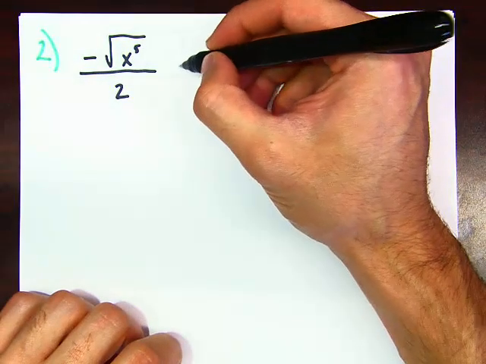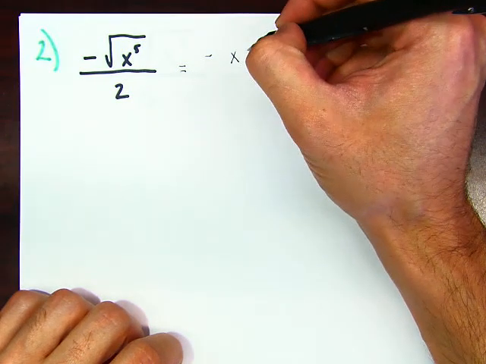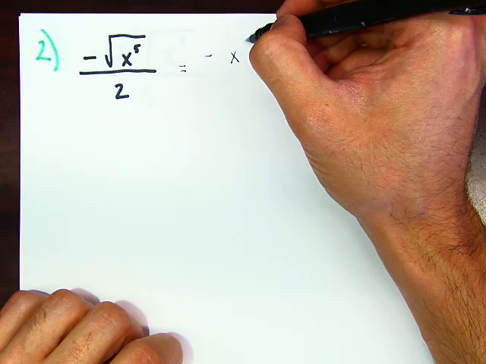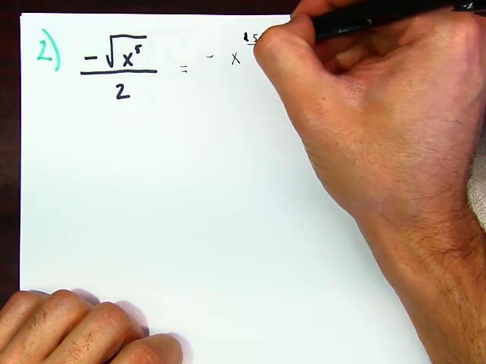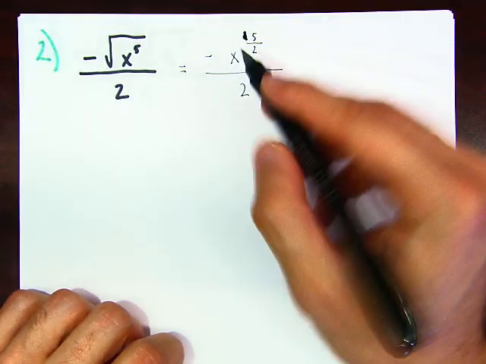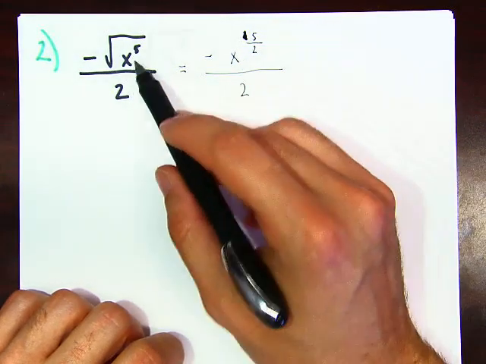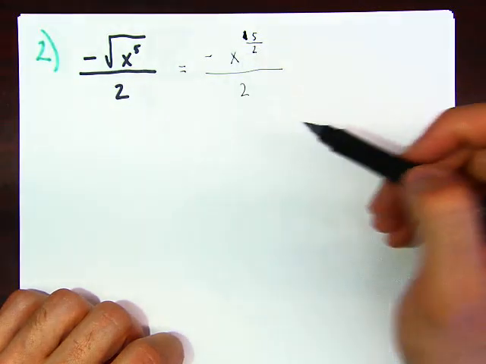So let's see. This is equal to negative x to the 5 over 2, right? Over 2. Because here this 5 goes on top, and because it's a square root, the 2 goes on the bottom.